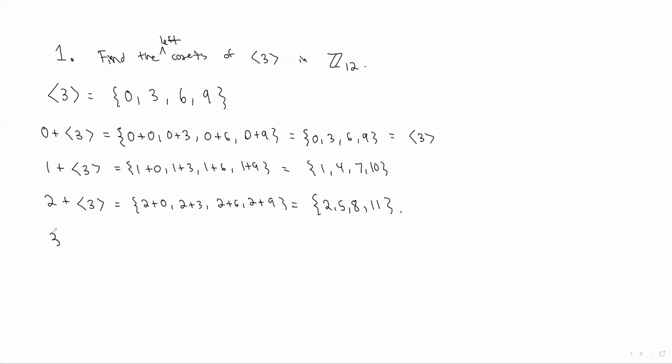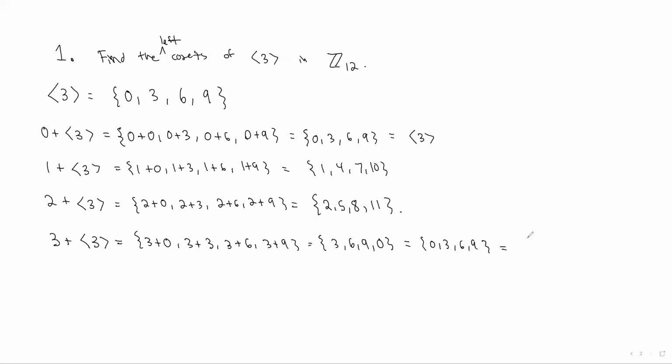So let's show that. 3 plus the subgroup generated by 3 is 3 plus 0, 3 plus 3, 3 plus 6, 3 plus 9, which is 3, 6, 9, 0, the same thing as 0, 3, 6, 9.